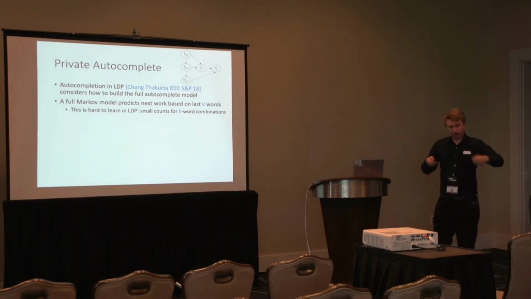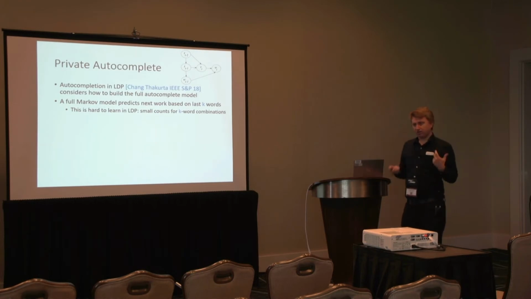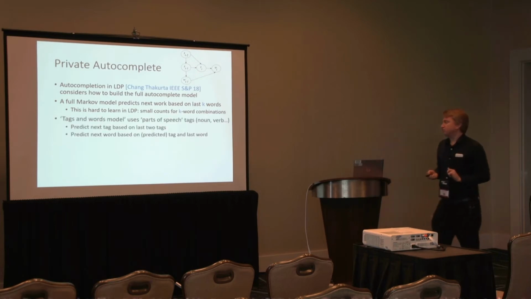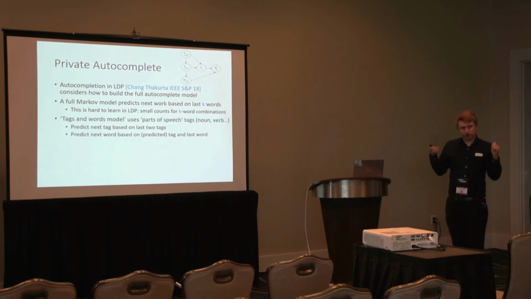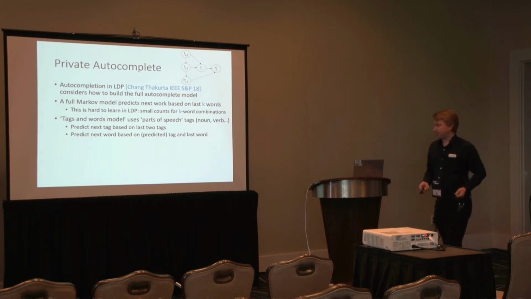Right? And as soon as you start adding the noise for privacy, then your accuracy on those goes down. So you want to change how you look at this problem and think, what's a different model that I can learn that will be well supported by the data that I have access to?